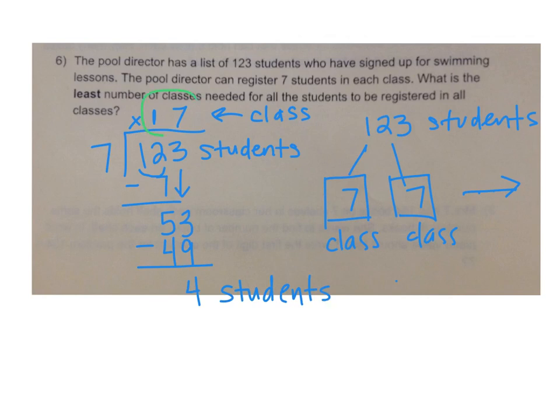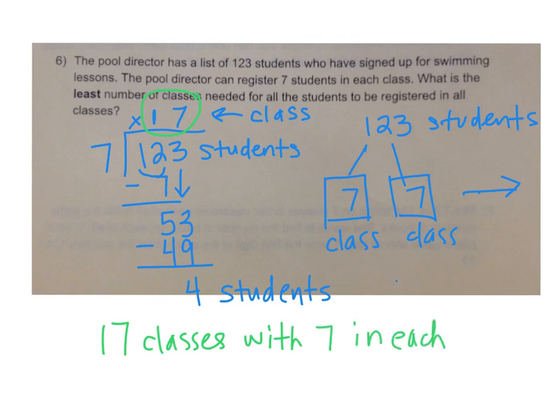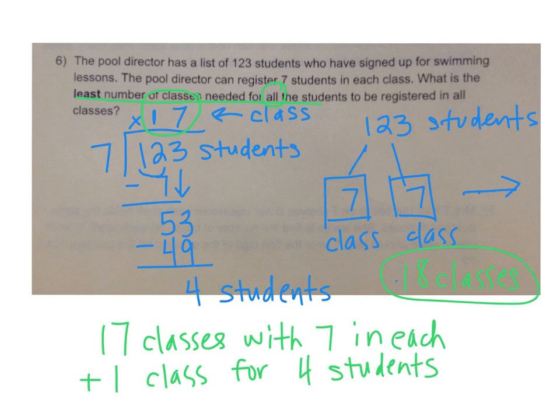I know that I've got 17 full classes, so 17 classes with 7 students in each, and I need 1 extra class for 4 students. So my final answer, what is the least number of classes needed for all the students to be registered, would be 18 classes.